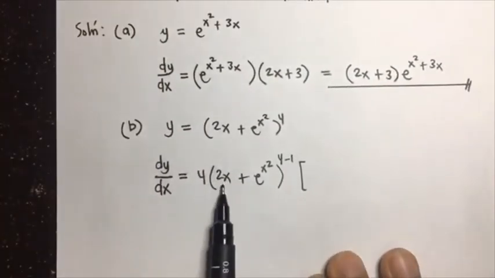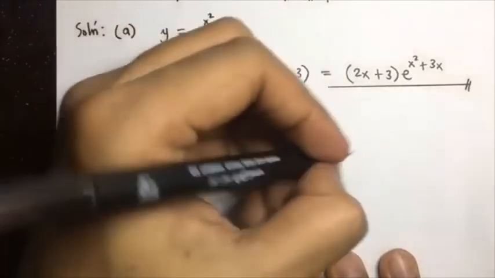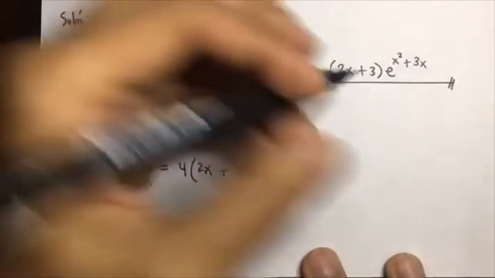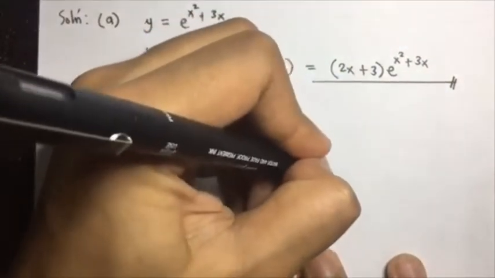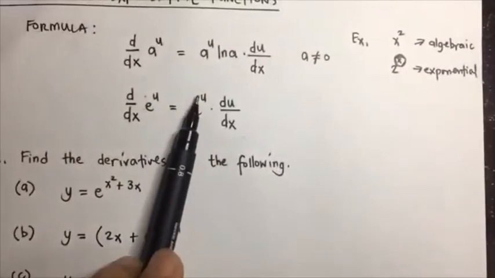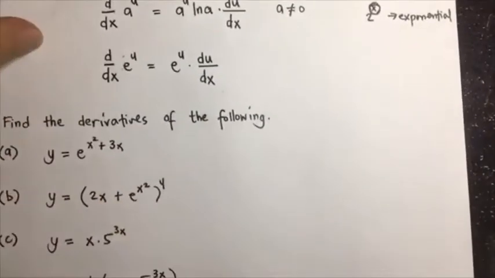So the derivative of 2x with respect to x is 2 times the derivative of x, which is 1, plus the derivative of e raised to x squared. From the formula again, just copy and then multiply by the derivative of the exponent.